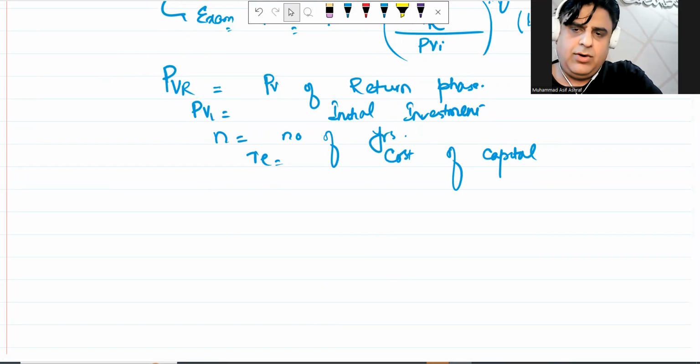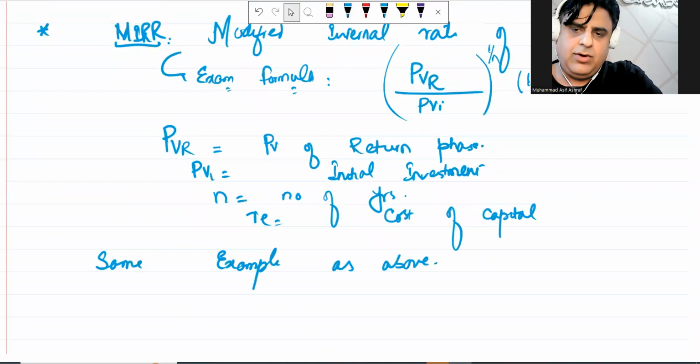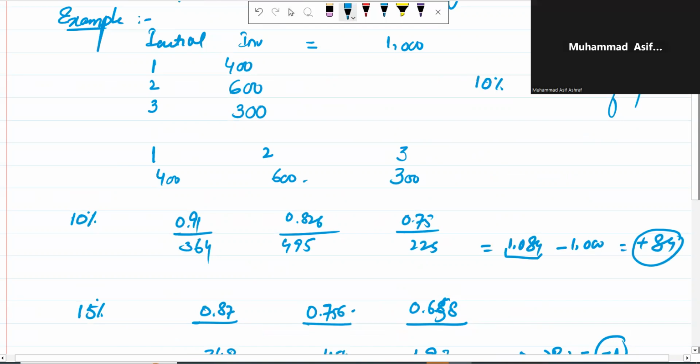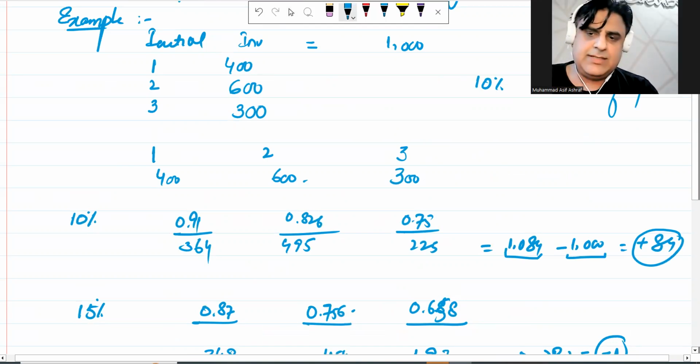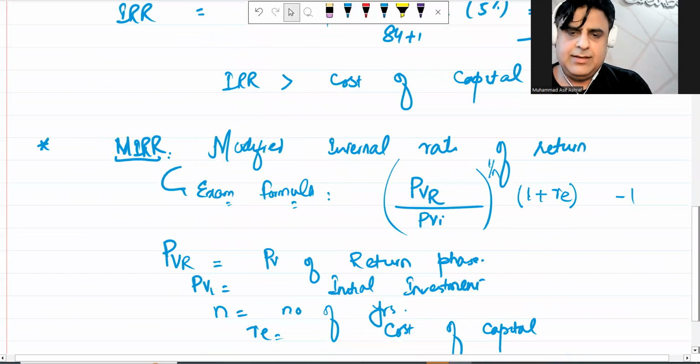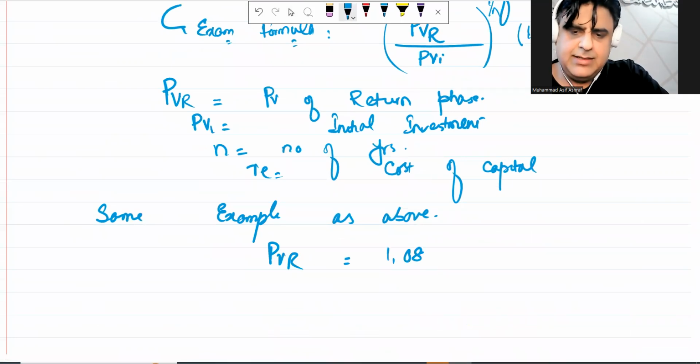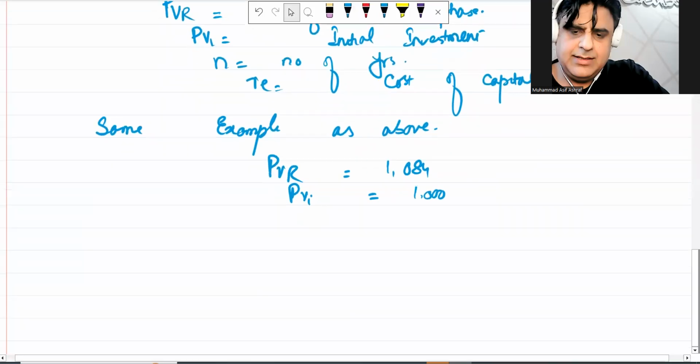So take the same example as above. The present value of return phase was 1084, and the present value of investment phase was 1000. Now use this in the formula.